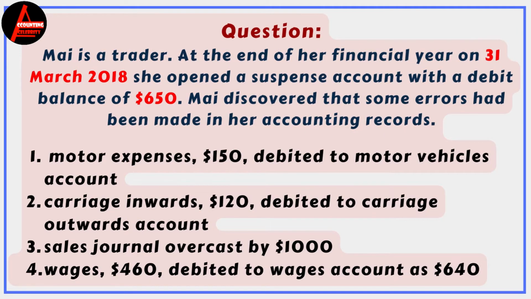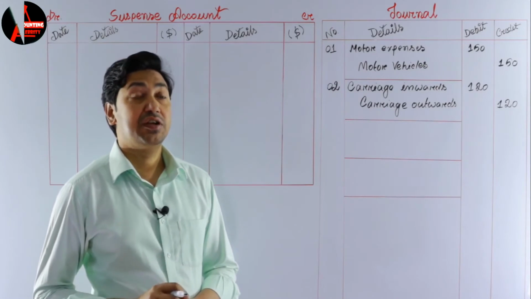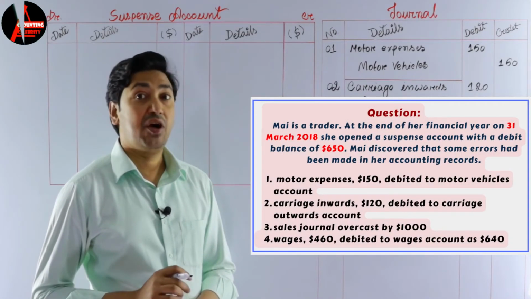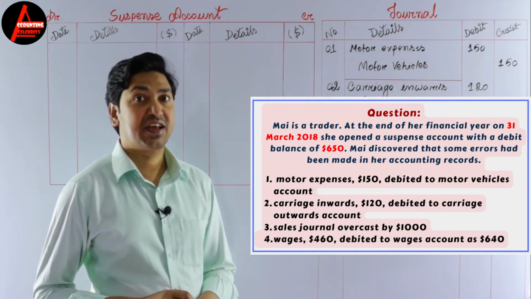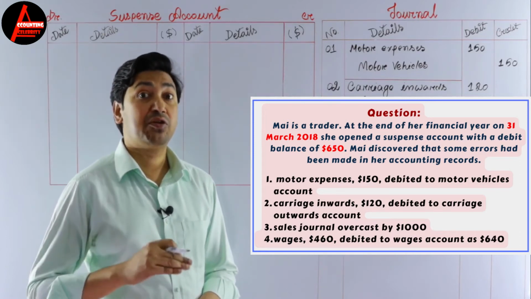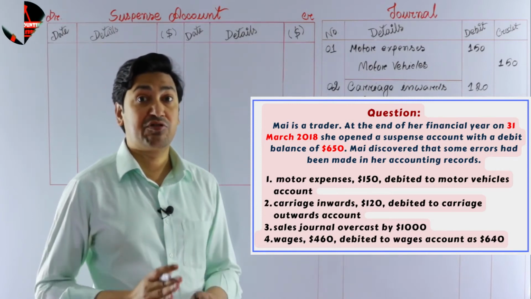Now number 3, sales journal overcast by $1,000. That means in the sales journal $1,000 was written more. Now what to do? We have to rectify the sales account. Sales is a revenue, so revenue was increased. To rectify, you have to decrease the revenue.